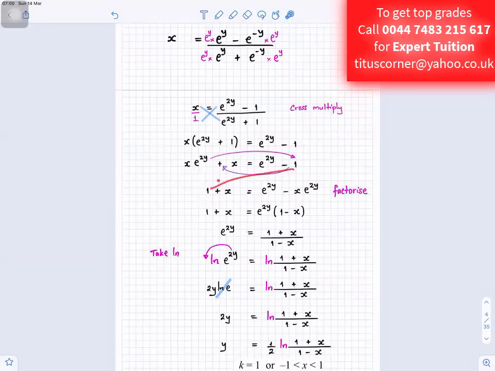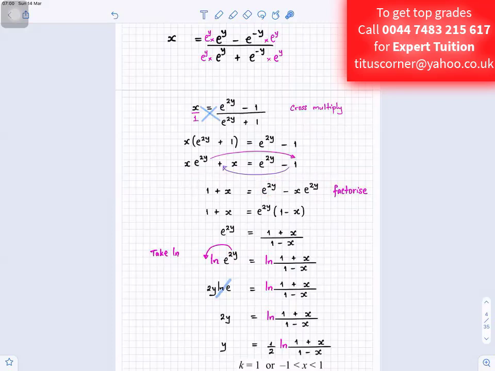Take x e to the 2y to the right, it becomes minus x e to the 2y. So the left side will have 1 plus x, and the right side will have e to the 2y minus x e to the 2y.